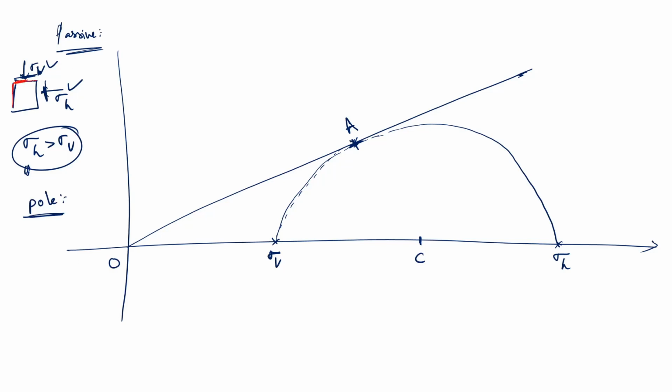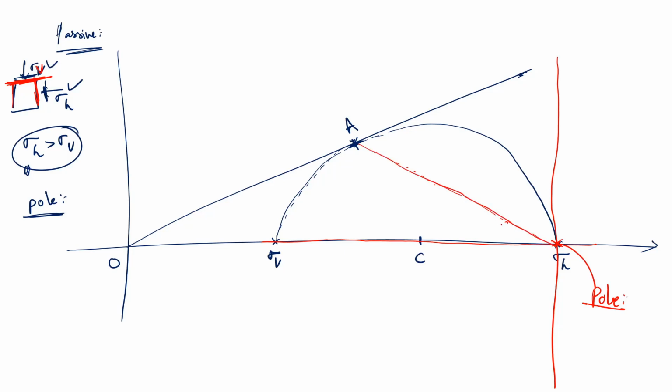Sigma V is acting on the horizontal plane, so I will draw a horizontal line through sigma V. Sigma H is acting on the vertical plane, so I will draw a vertical line through sigma H. This point of intersection is the pole. Now from the pole you need to draw a line to the failure point. So this is the failure plane.